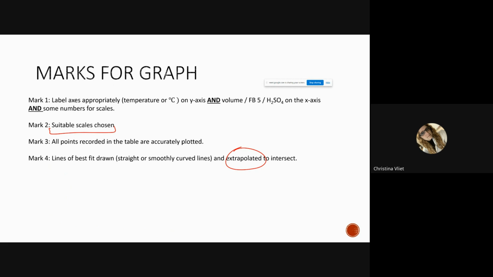And to bring up something that I brought up. When you're measuring, when you get the sodium hydroxide, you could write 18.0, you could write 18.5.